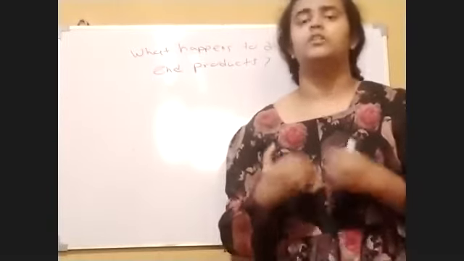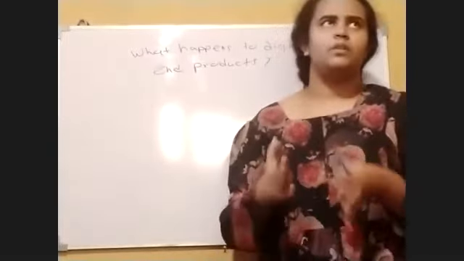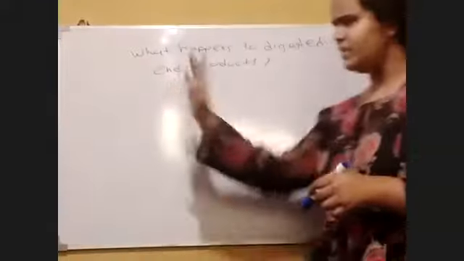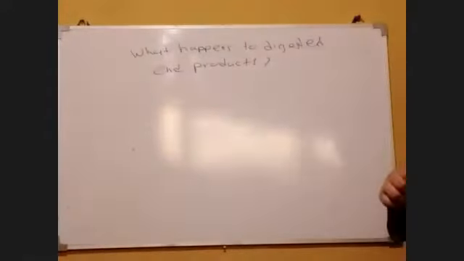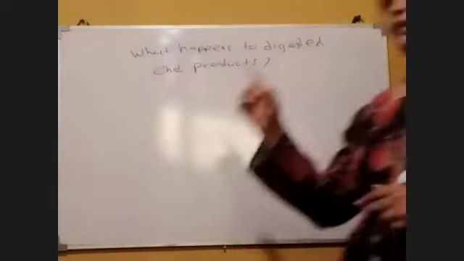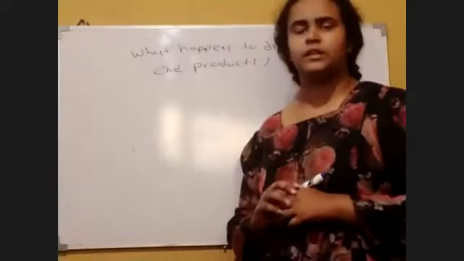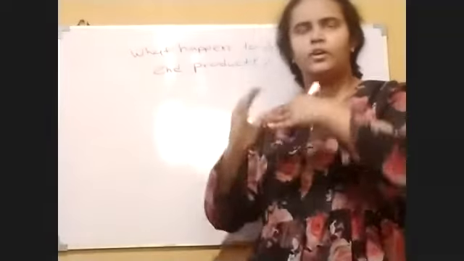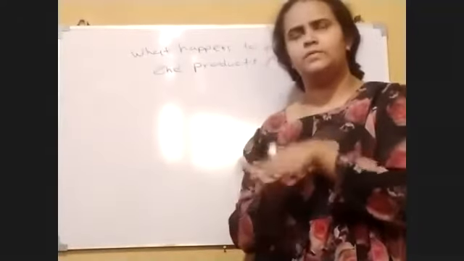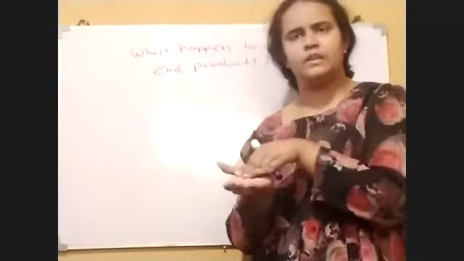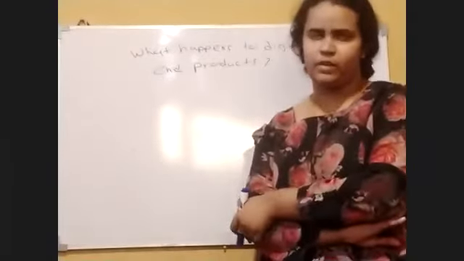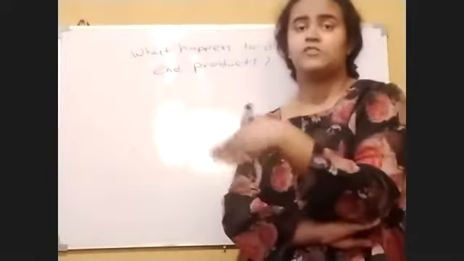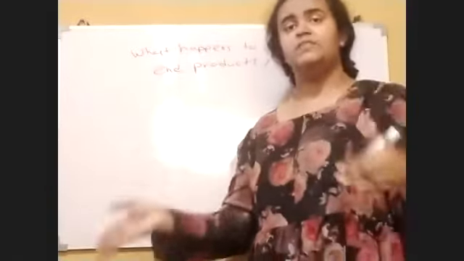So now we are going to see how this absorbs. Here there is somewhat of a difference. I'm asking only about absorption. I'm going to tell you that absorption happens in the small intestine. We are discussing the adaptations of the small intestine for absorption.